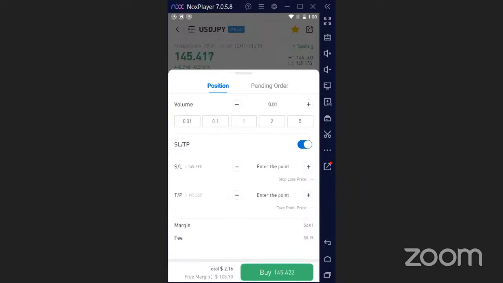So now let me show you what our stop loss is. Our stop loss is 145.